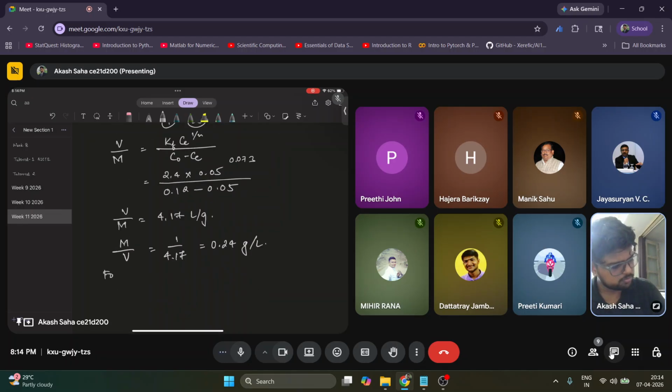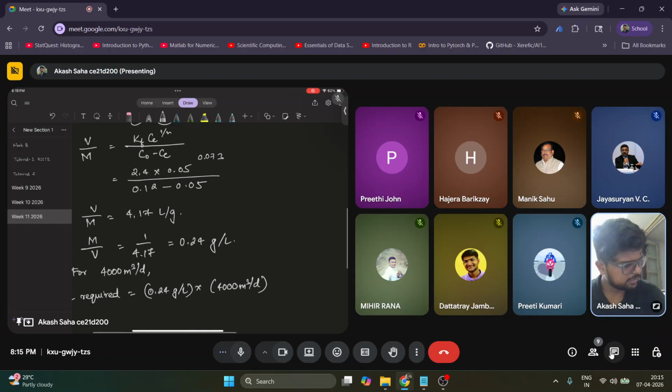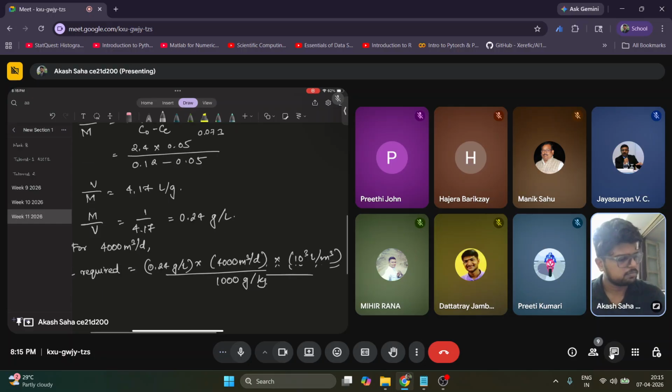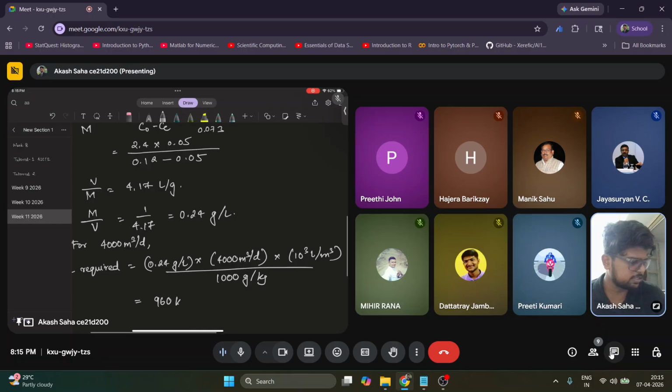So for 4,000 meter cube per day, PAC required will be this value into the flow rate. Then I will change liters to meter cube and gram to kg. So you'll get something around 960 kg per day. So this is another approach.